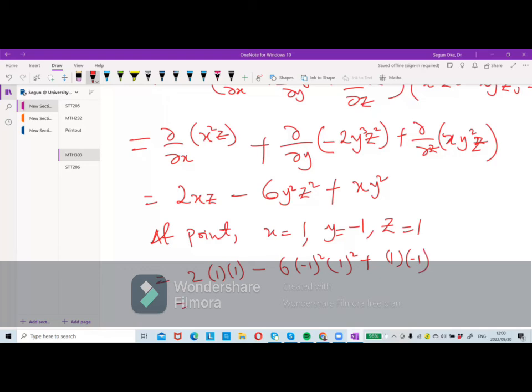So you have 2, minus 1 square. The last one is minus 1 square. You have 2 minus 6 plus 1 equals minus 3. Any question? None, sir. Okay.